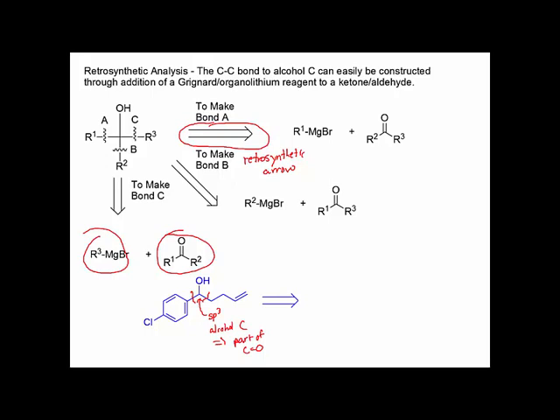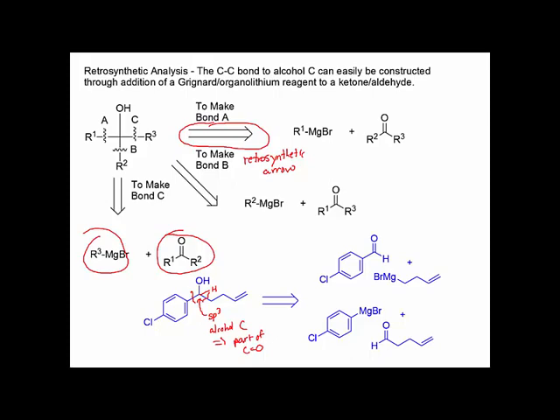So we have two possible ways to make this alcohol. In the bond line diagram, of course, there's another hydrogen here that we're missing, so let's just remember that hydrogen is there. There are two possible combinations.